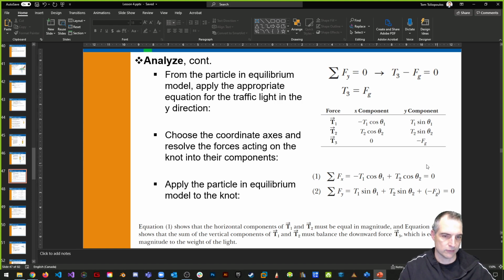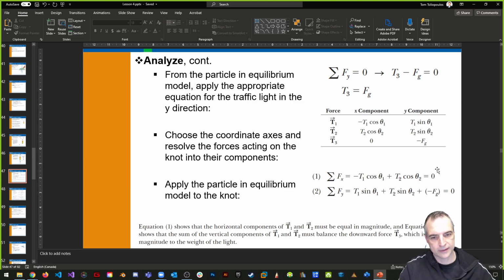If I want to solve for T1, I can say that T1 is equal to T2 cos theta 2 over cos theta 1. That's what T1 would be.